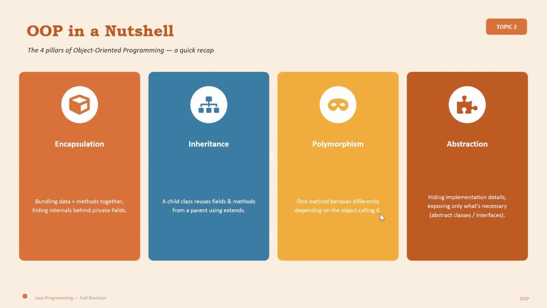The complex system is hidden from you and only the necessary controls are shown. In the switchboard example, you see the switch and you use the switch, and you don't see or need to understand the internal electrical system. So abstraction makes systems easier to use because users can focus on what to do rather than how it works internally.